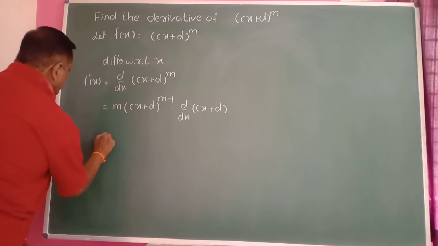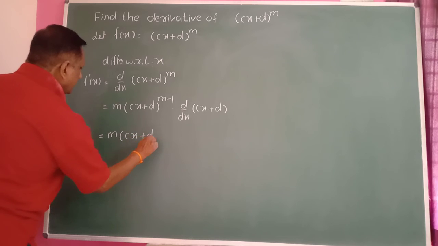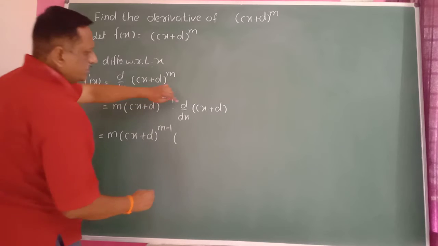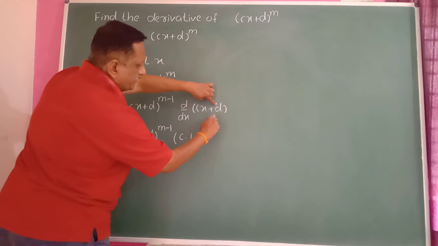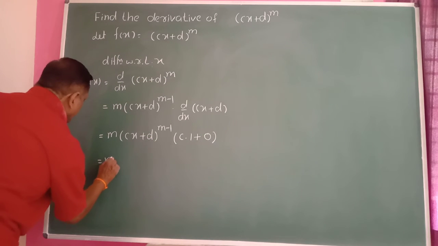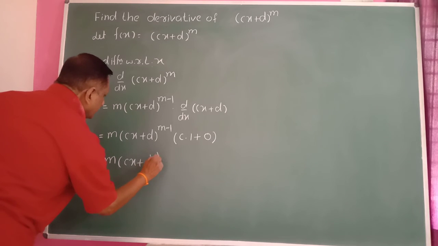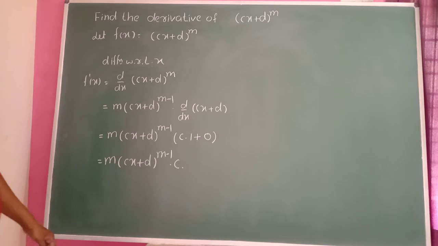Therefore, this is equal to m into cx plus d raised to m minus 1 into, then c into x differentiation is 1 plus differentiation of constant is 0. So this is equal to m into cx plus d raised to m minus 1 into c. So this is the answer here.